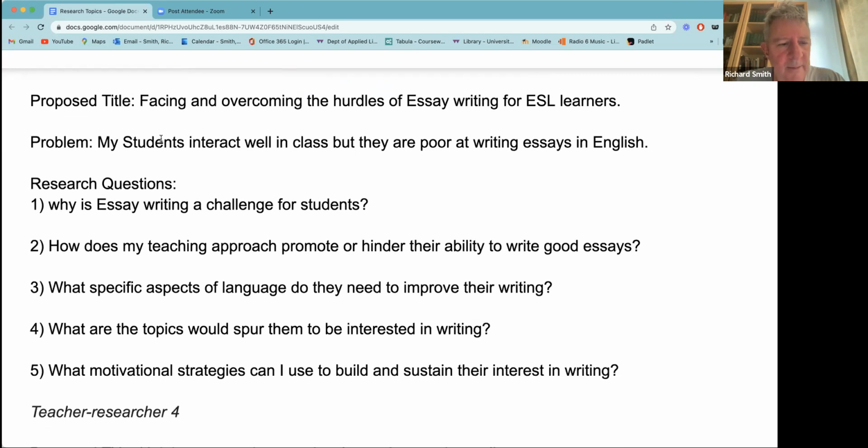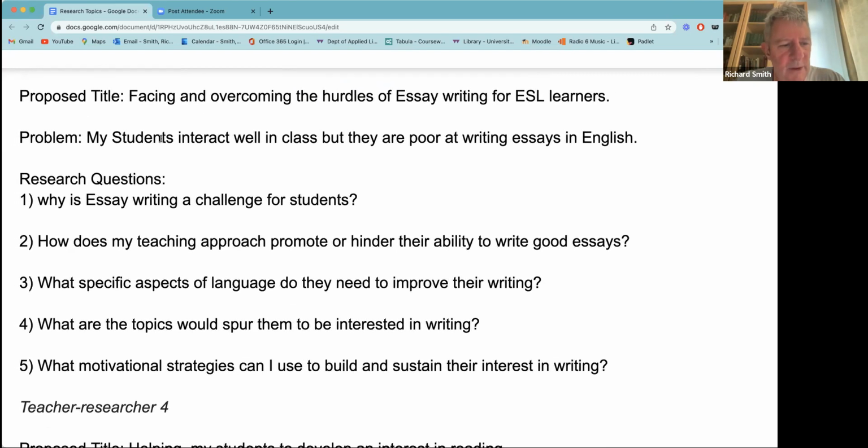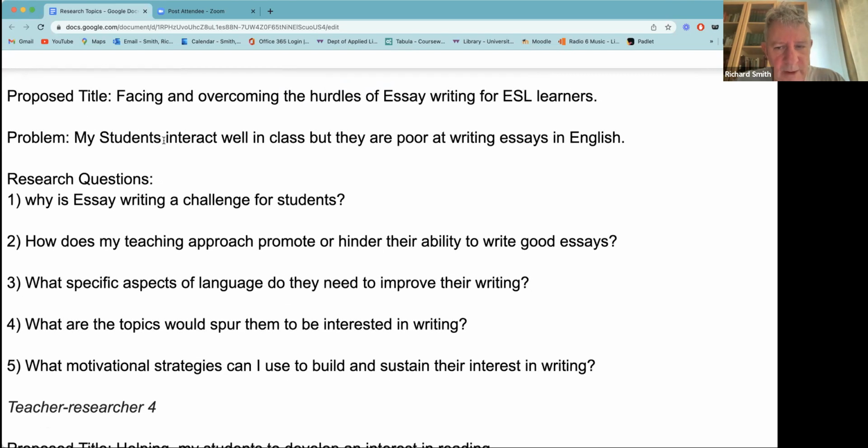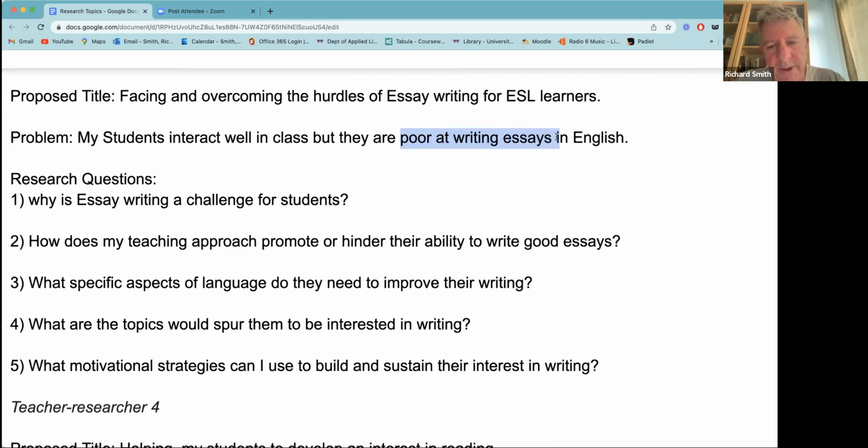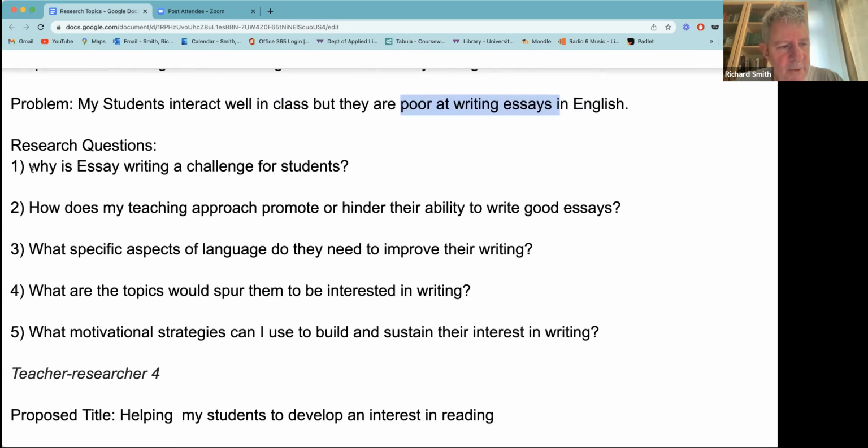We have another question. The problem here is this teacher feels that the students are poor at writing essays. They seem to be good at interacting in class, but they seem to find it difficult to write essays in English. Right, that's good. I think that you've made it focused on a particular skill, writing here, so we know what the focus is. And your questions are, why is essay writing a challenge for students?